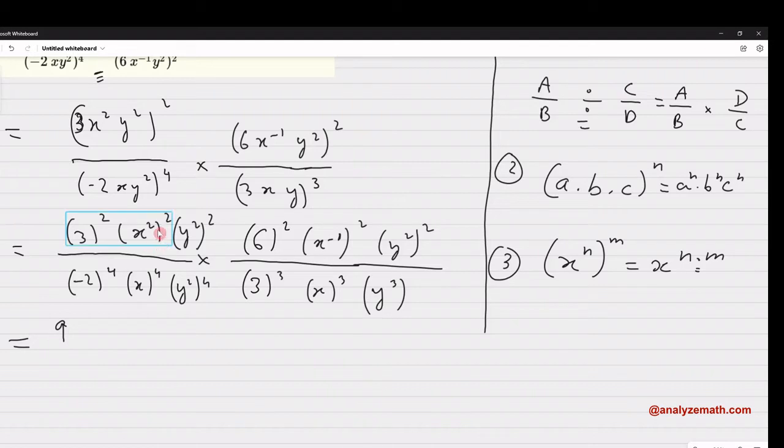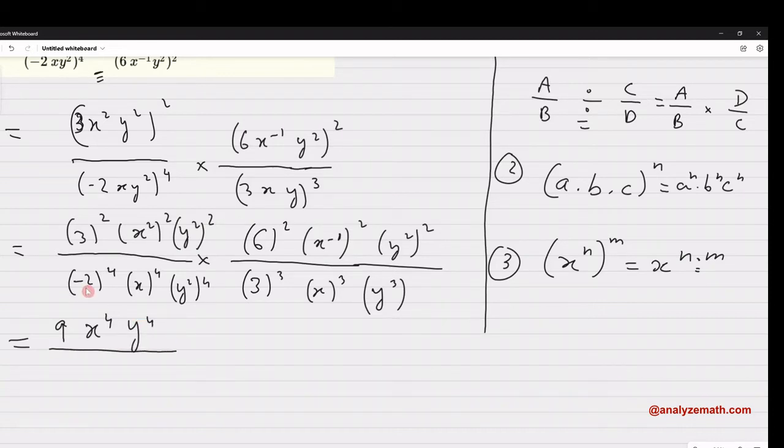Now x to the power 2 to the power 2 is x to the power 2 times 2, that's x4. Y to the power 2 to the power 2, I apply the same rule, I multiply 2 by 2, that gives me y4.